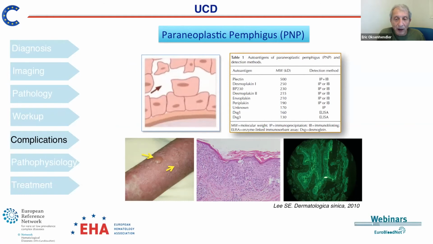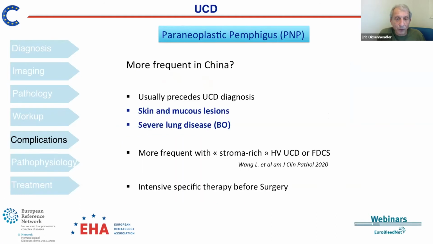So this is really a complication to know. These lesions could be more frequent in China. When you look at the Chinese series of UCD, which are very large series, you see a very high proportion of PNP, peaking at 30 or 40% in such series.